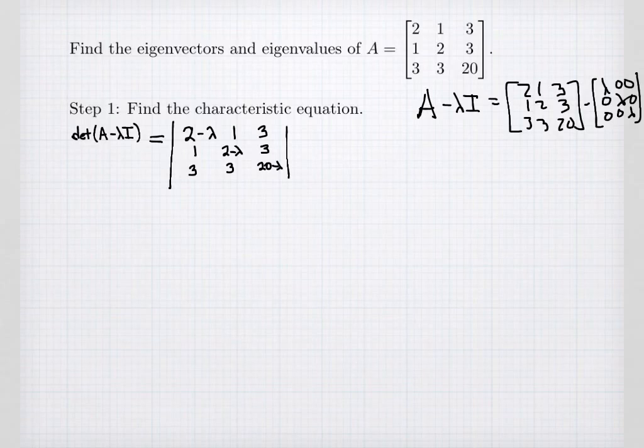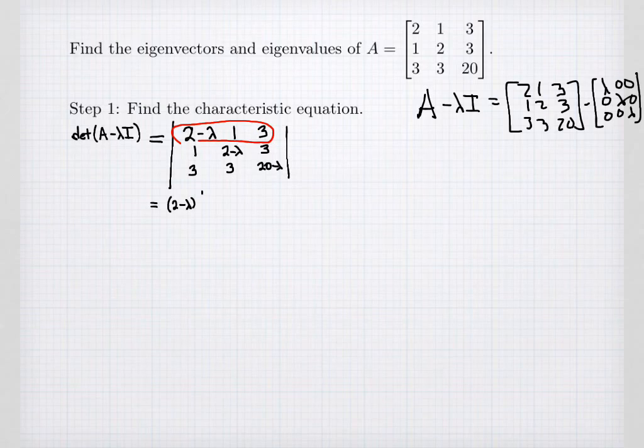Well, I expand along a row or column. And I don't really have anything clear that suggests anything is better than anything else, so I'm going to expand along that first row. So we start with the first term, 2 minus lambda, and then we multiply by the cofactor of that 1, 1 term.